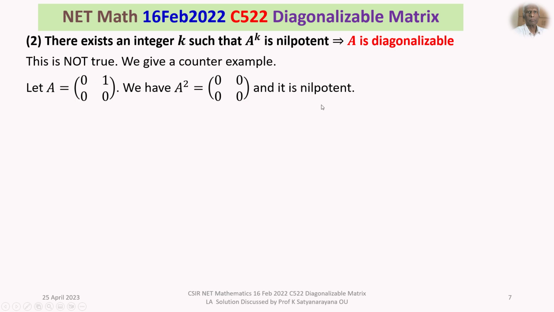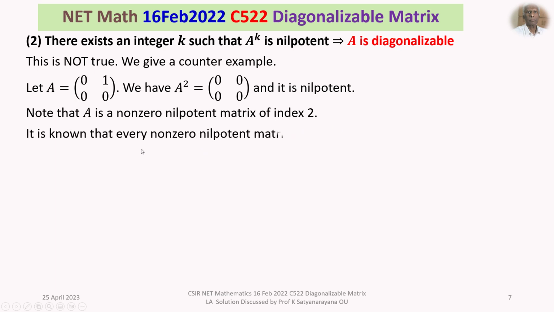Now, is A diagonalizable? Note that A is a non-zero nilpotent matrix of index 2. We know that every non-zero nilpotent matrix is not diagonalizable.